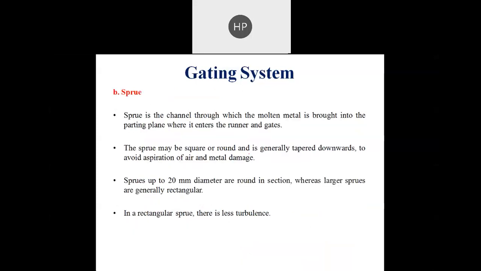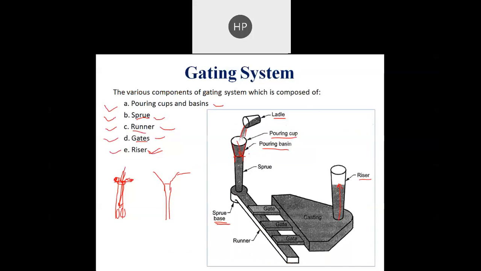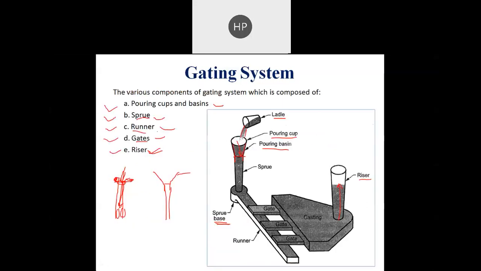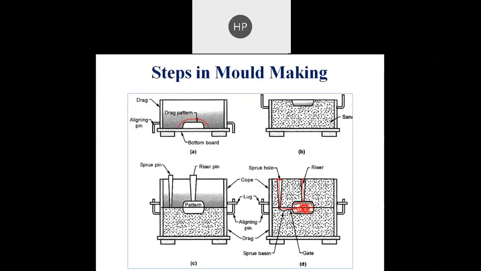Then the second one is a sprue. So this is the sprue. The sprue is the channel through which the molten metal is brought into the parting line, where it enters the runner and gate. Generally, if you see this diagram, this line is our parting line.